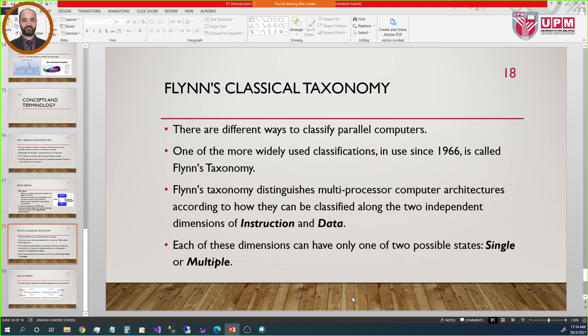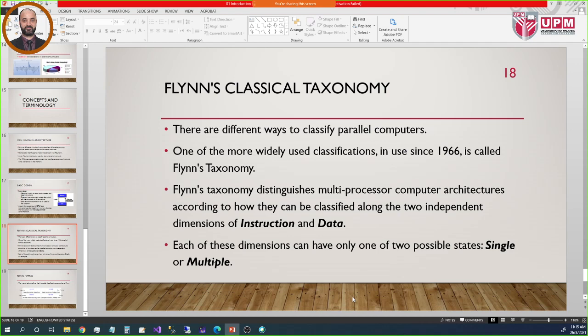Flynn's taxonomy distinguishes multiprocessor computer architectures according to how they can be classified along the two independent dimensions of instruction and data.